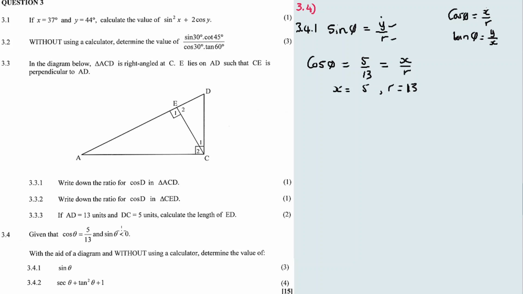And then there's also another information that sin theta is less than what? 0. So but here without using a calculator, but with the aid of a diagram. So we need to discover or find where the arm of this ngathini. All right, I think draw the plane, the diagram first.